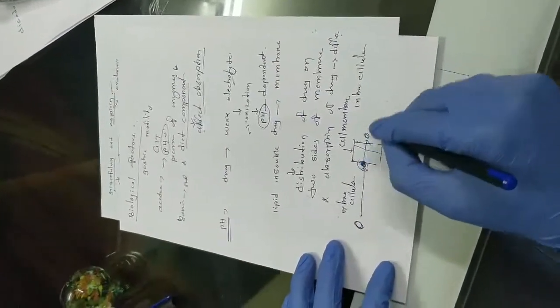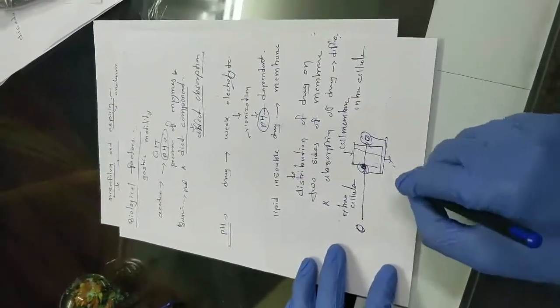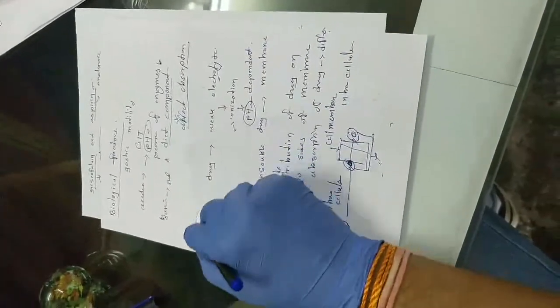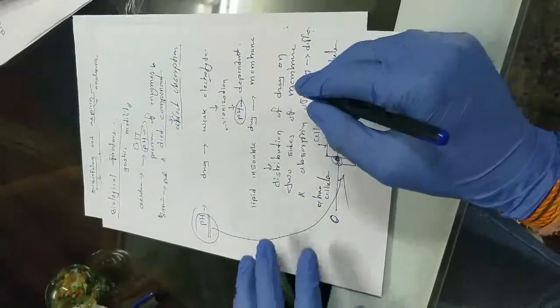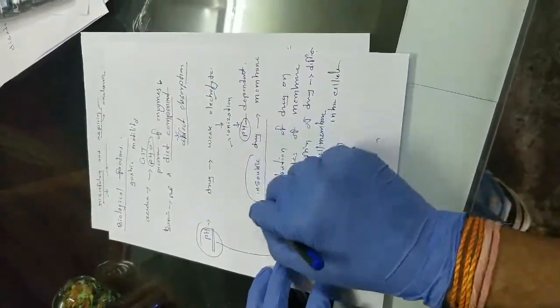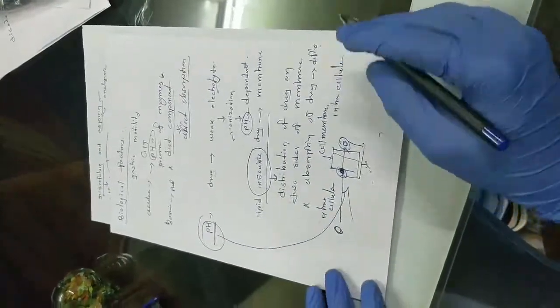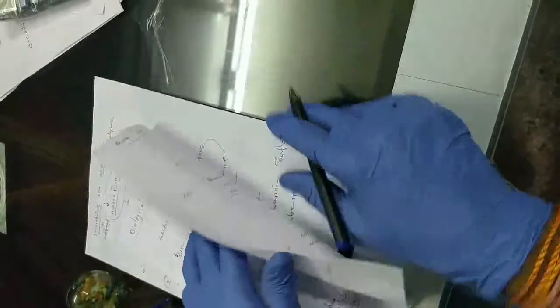Their pH and their absorption are totally different, not uniform. That's why the pH factor is so important. It affects, for example, lipid soluble and lipid insoluble drugs. Okay. Next should be the bioavailability.